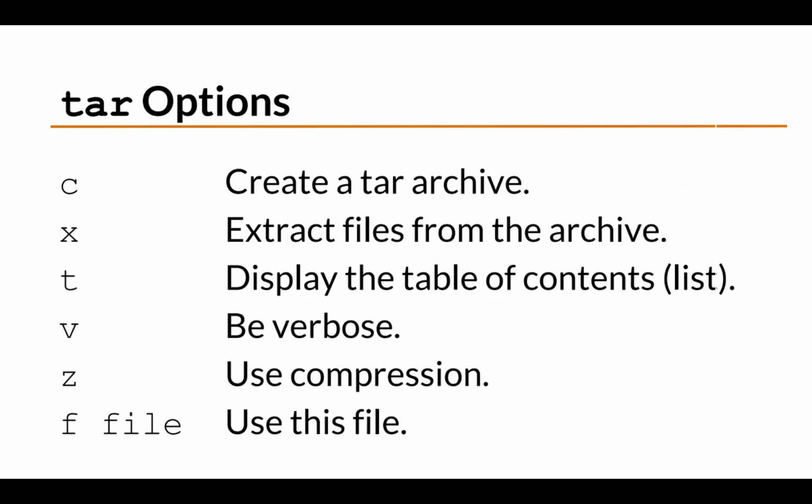Some of the most commonly used tar options include c to create a tar archive, x to extract files from the archive, t to display a table of contents, v for verbose, z to use compression, and f to specify the file that you will be working with.